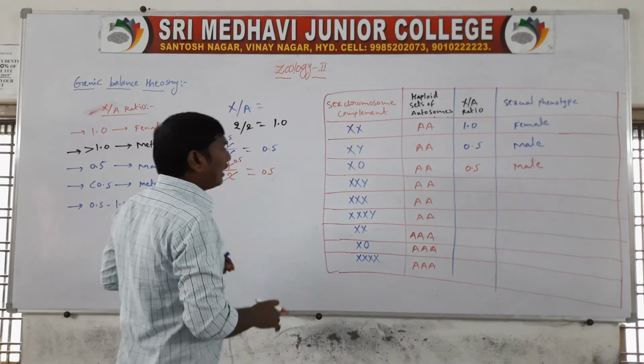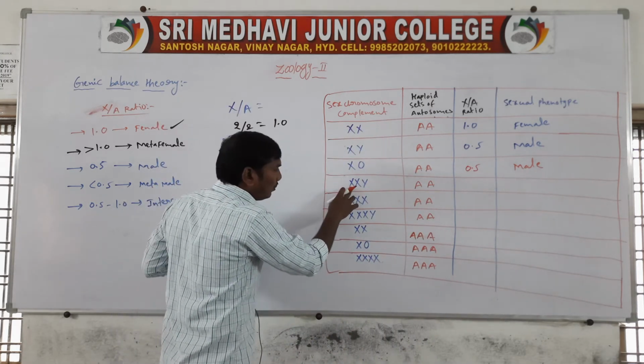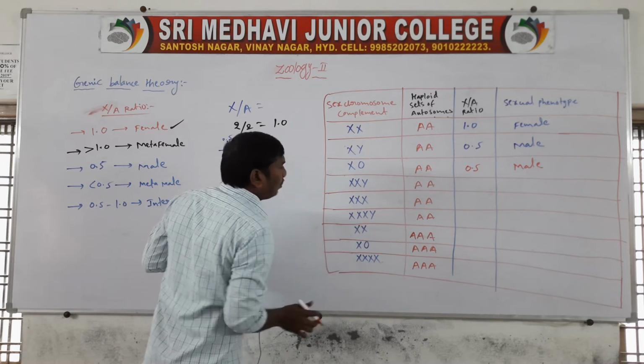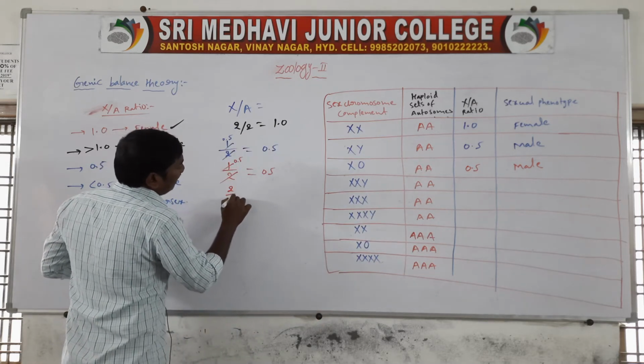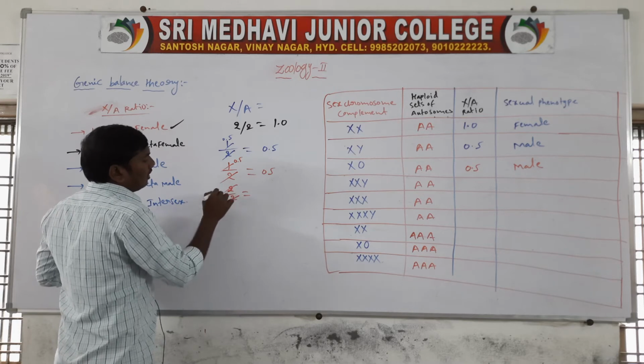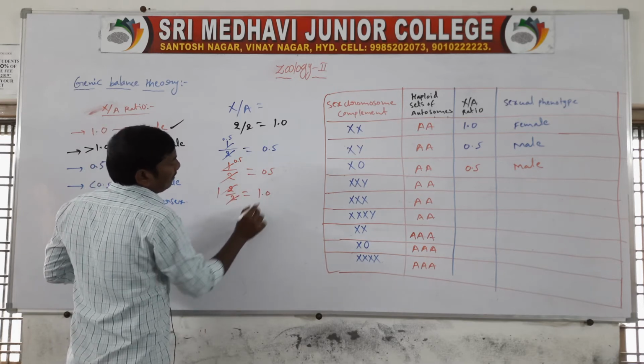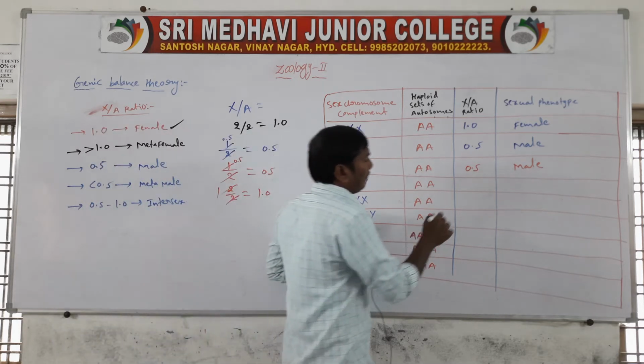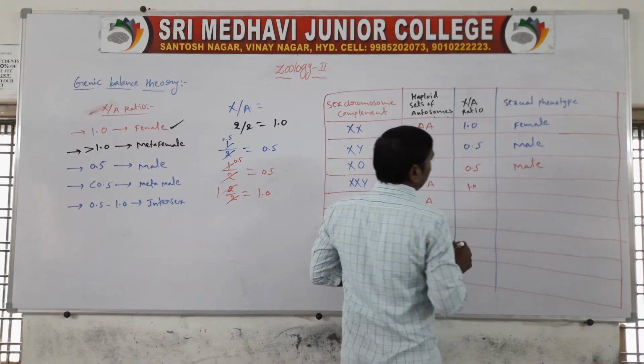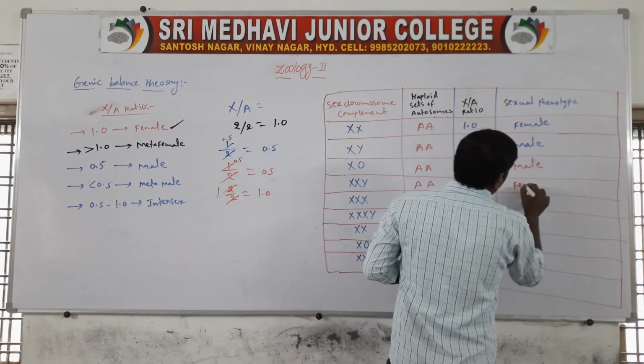Next, 2 X chromosomes and 2 sets of autosomes: 2 by 2 is equal to 1, so the ratio is 1.0, and they are called female.